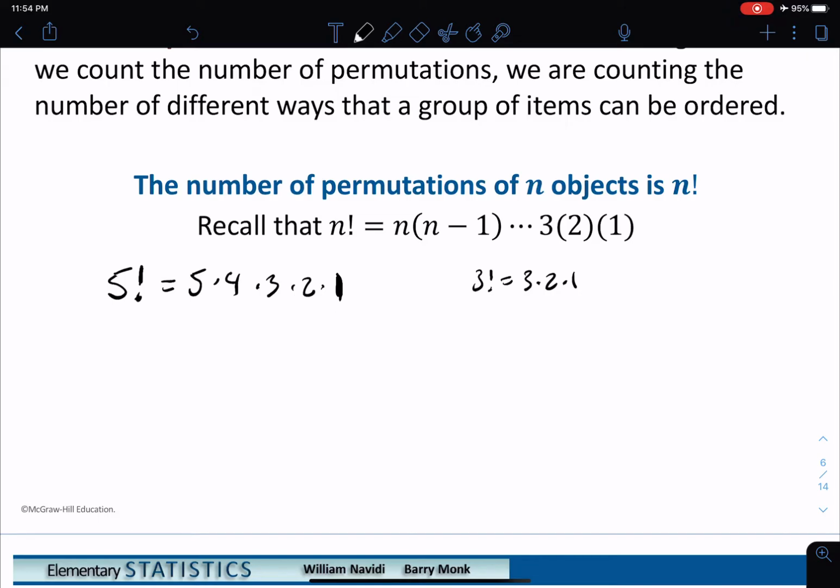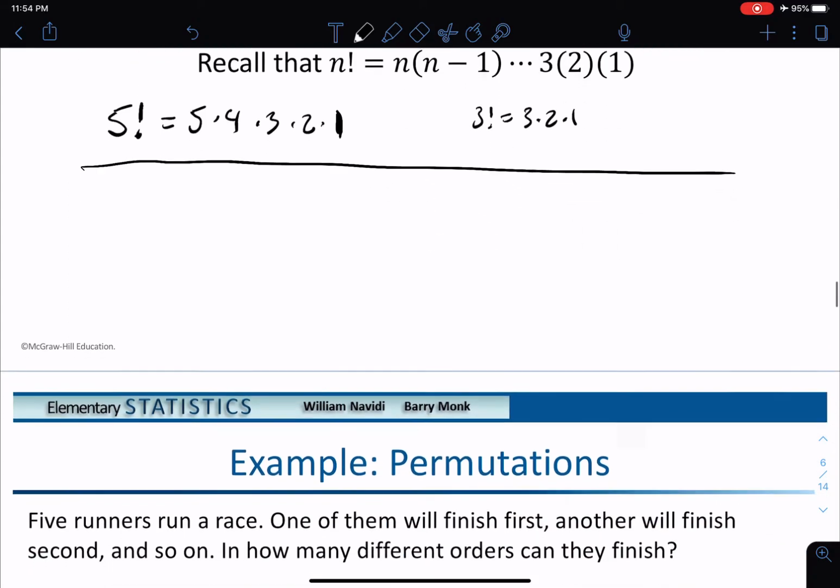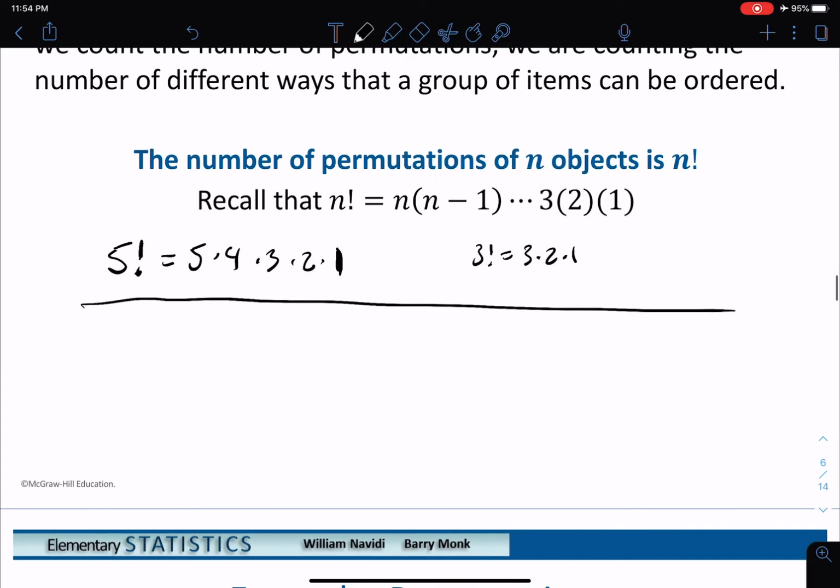So another thing I want to talk about is simplifying factorials real quick before we get into it, because that's part of our formula. Let's say we had 6 factorial over 4 factorial.